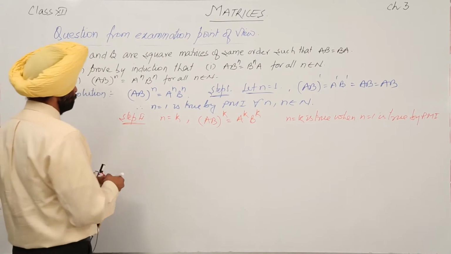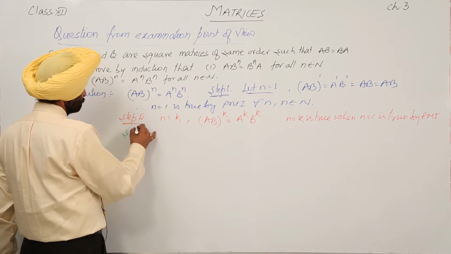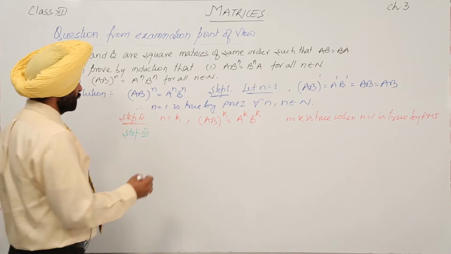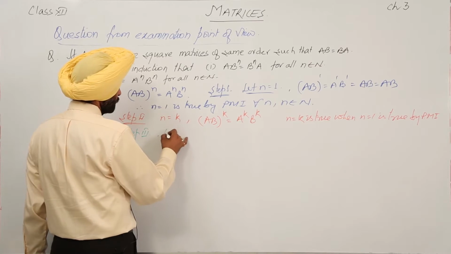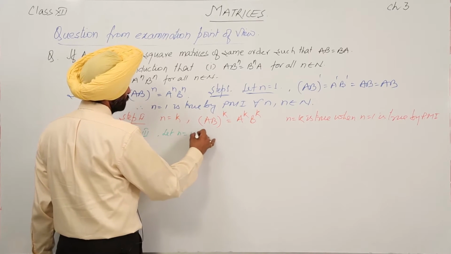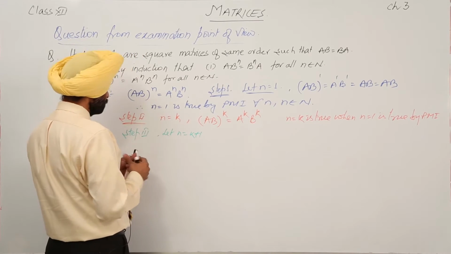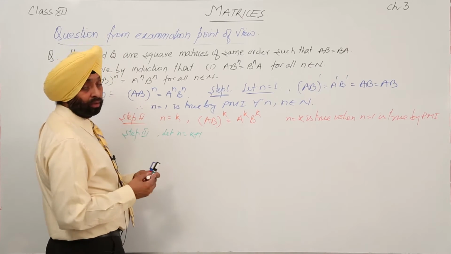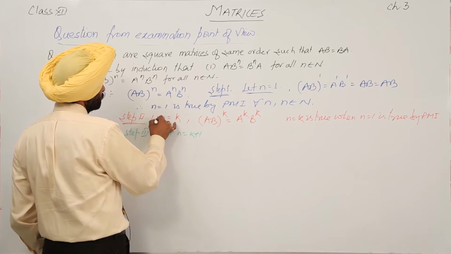Now step 3, n is equal to k plus 1. Now let n is equal to k plus 1. Even we can write here, put n is equal to k plus 1, or write let n is equal to k plus 1, one and the same thing.